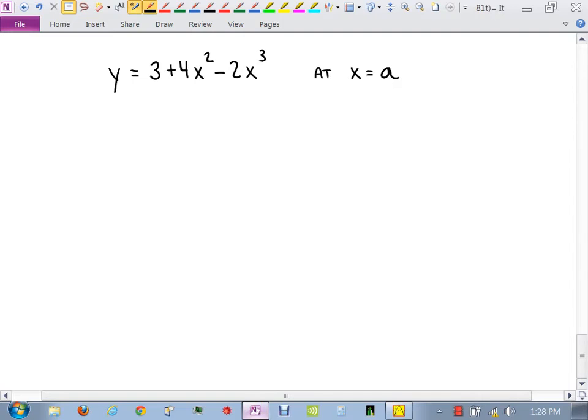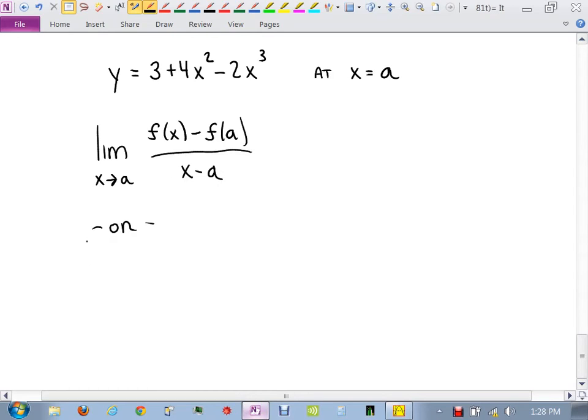Well, there are two definitions. We have to use the limit definition to find the tangent in this section. This is what the two you could do: limit x goes to a, f of x minus f of a over x minus a.